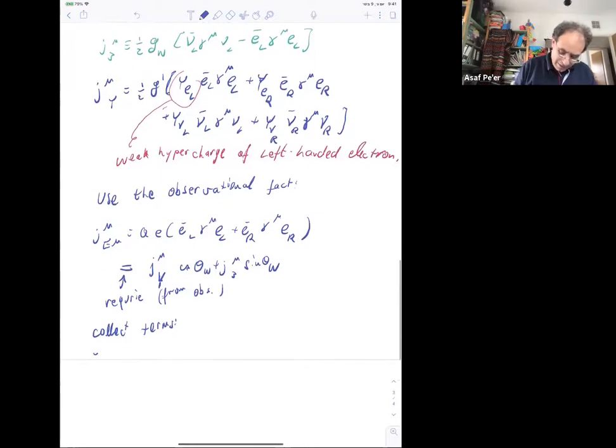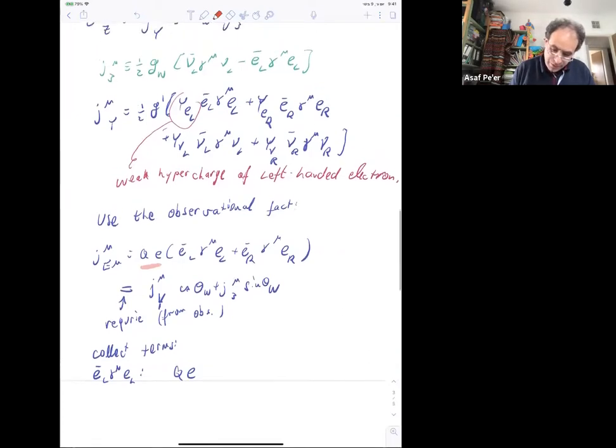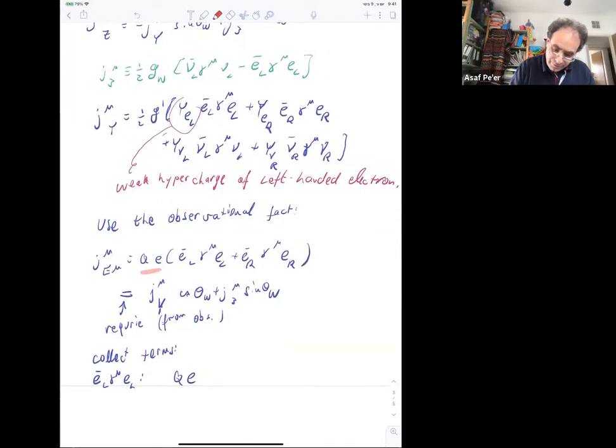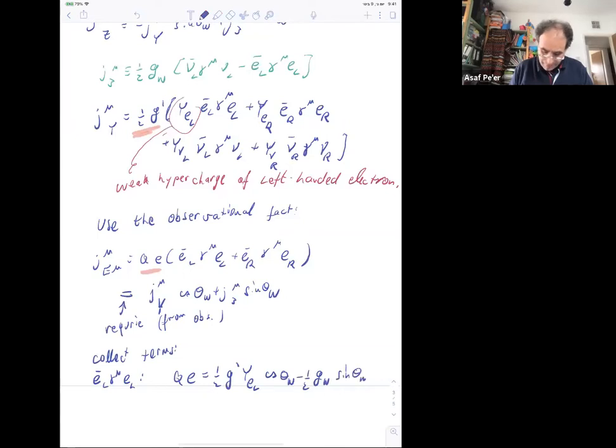So for the left-handed electron, we have QE, which should just be 1/2 G prime Y E left cosine theta weak minus 1/2 G weak sine theta weak.